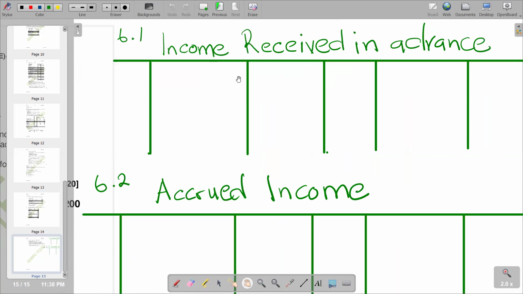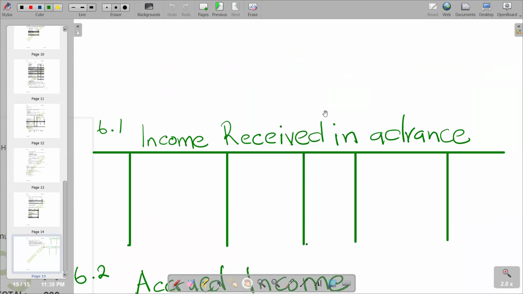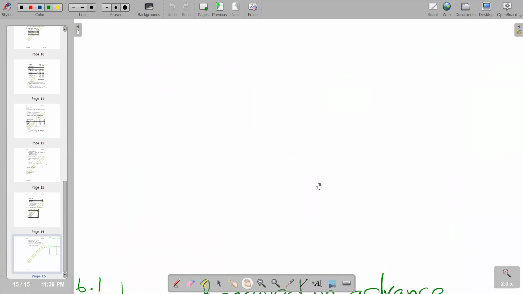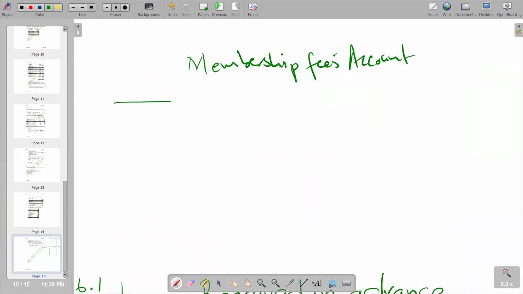Starting with the income received in advance, we want to see what's the opening balance that we have. Remember, if this is pertaining to the membership fees account, we are going to have the debit side and the credit side.